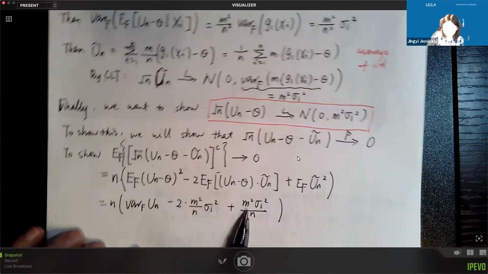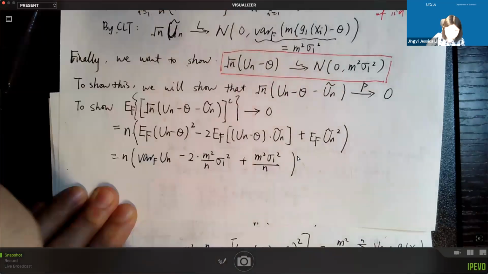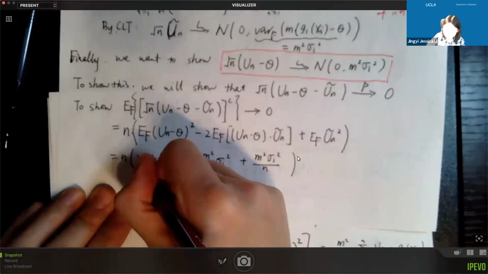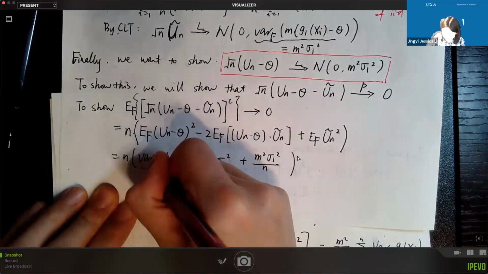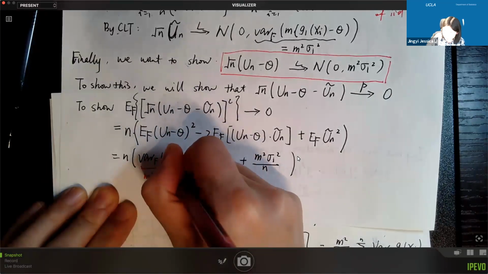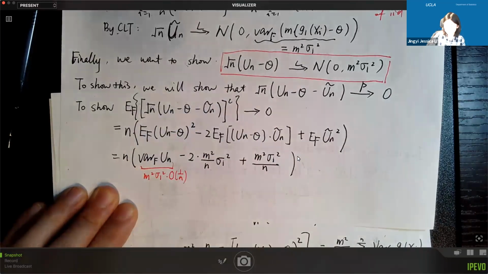And for this one, we have previously derived, if you still recall, from our earlier theorem, that it is equal to m squared sigma 1 squared plus big O of 1 over n. Okay?